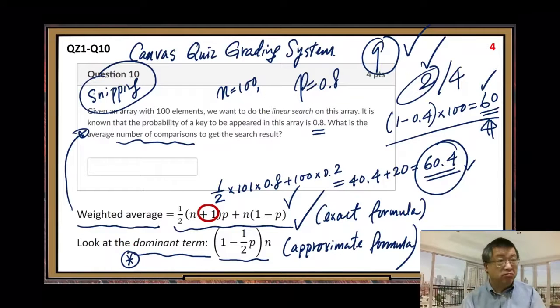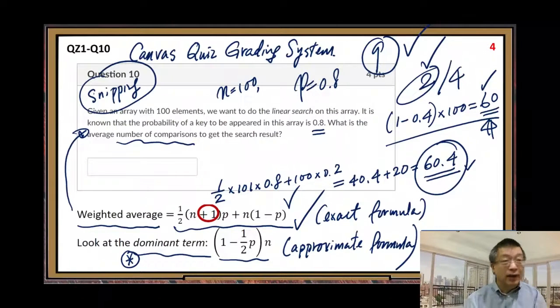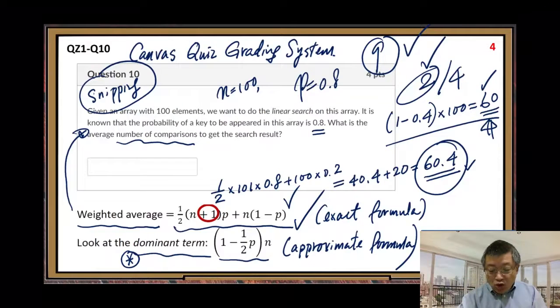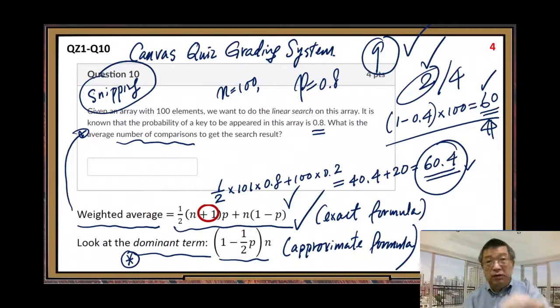Some students have that kind of impression, because by common sense, the number of comparisons should be an integer. You cannot do half a comparison, right? So they drop the 0.4 and enter 60. Some students may do it that way.